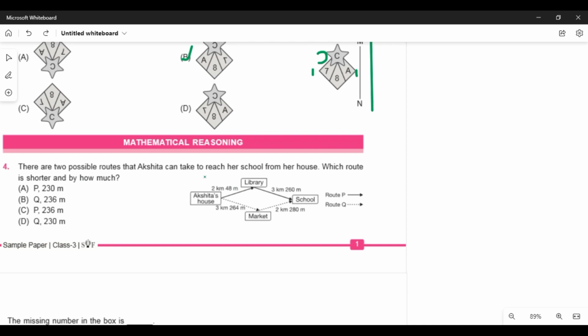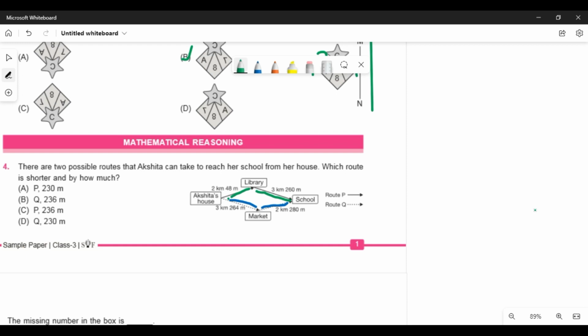Now, the first route that she takes is route P, which is this way, and this way to her school. She took another route, and that other route she took is route Q, which is this way, and then this way to her school. Now the question is, which of these routes is shorter?